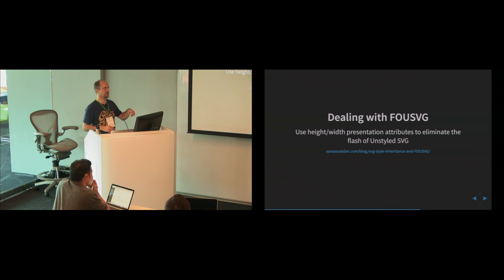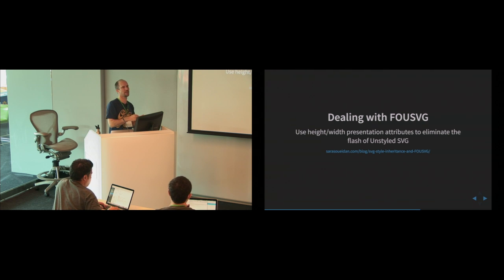So the way around that is to include the height and width presentation attributes on your SVG, even if you're going to override them with CSS, and then those will be used as a fallback. I didn't actually know that the specificity of those presentation attributes was really low. They're on par with browser defaults. So you should do that, and it's easier to work with your markup. And there's a blog post on that too, again, by Sara Soueidan.